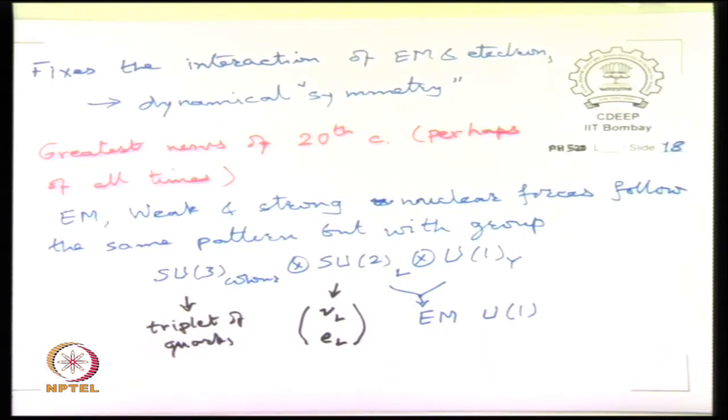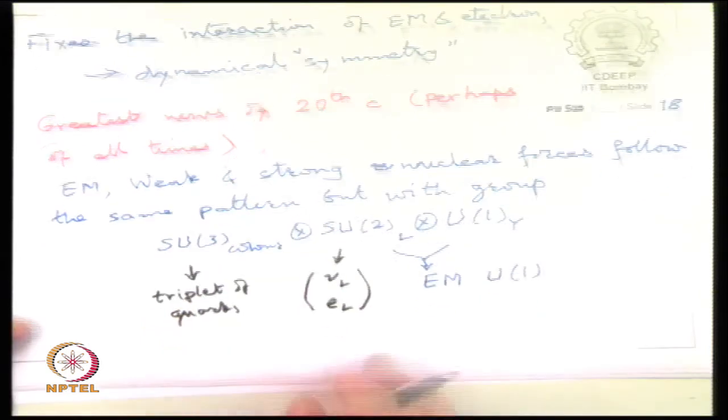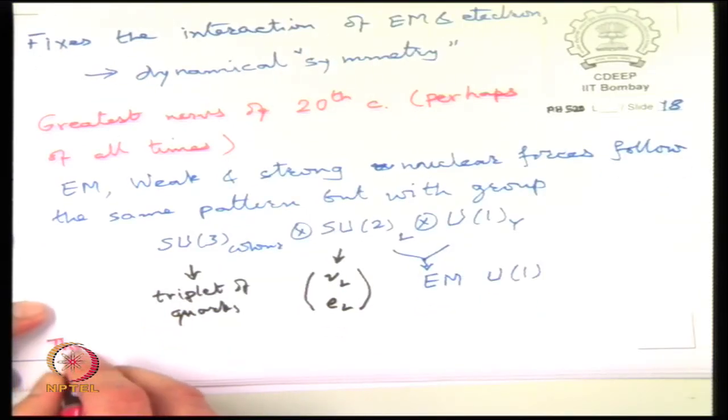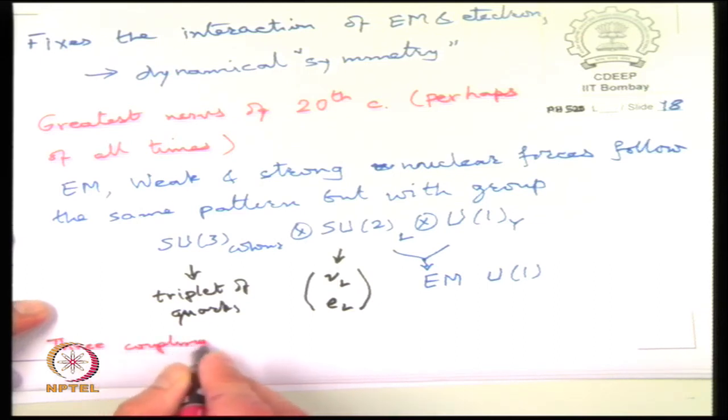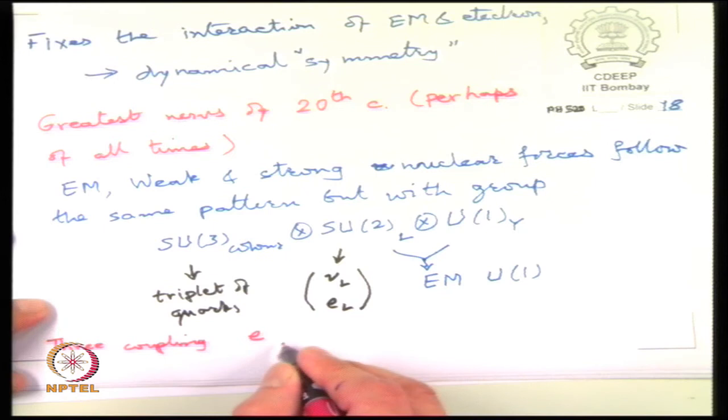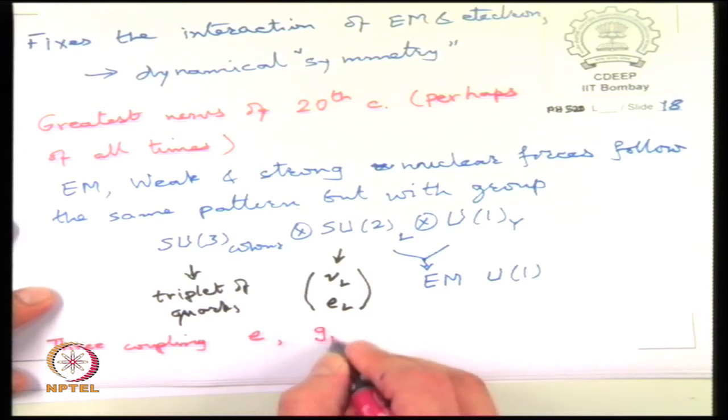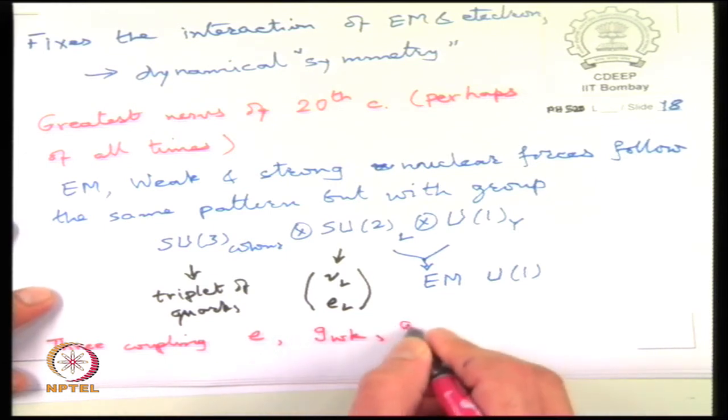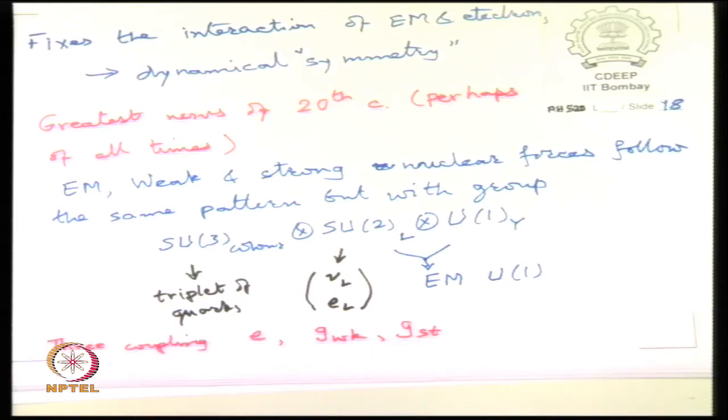But the dynamics is completely fixed by these, with 3 couplings, E, you can say G weak and G strong. So just those 3 numbers fix everything that you have in terms of interactions.